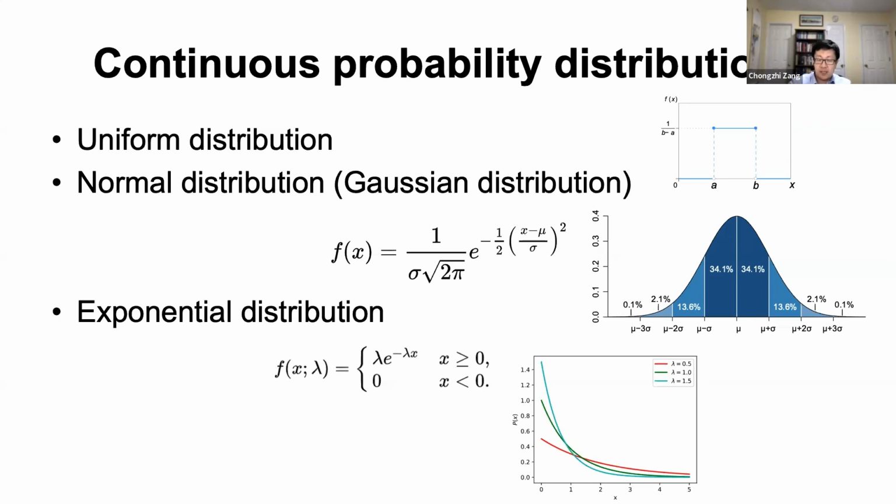A normal distribution is intuitively easy to understand: if something follows a normal distribution, we most likely observe it around the mean value, and the further from the mean value, the less likely we observe that value, right? Another useful distribution we observe frequently is the exponential distribution.